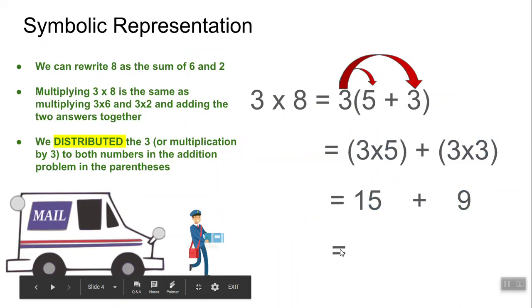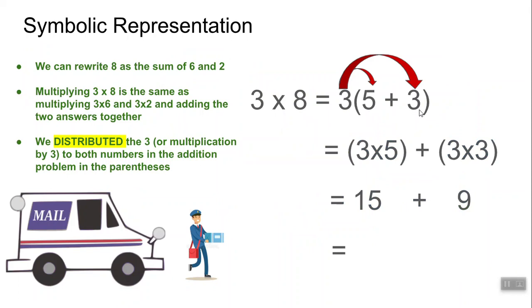So going back to our symbolic notation, I rewrote 8 as an addition problem as 5 plus 3. So now instead of 3 times 8, I have 3 times (5 plus 3). Because again, this 3 outside of these parentheses means multiply.